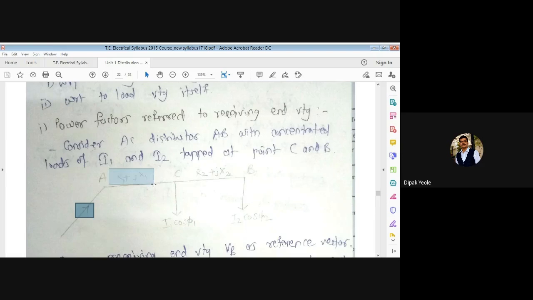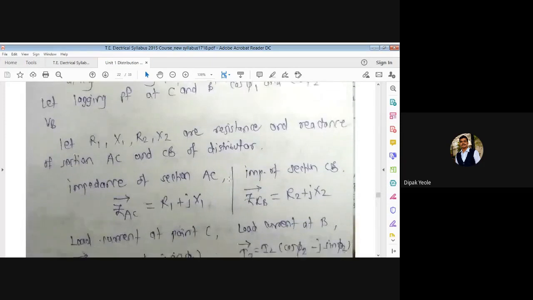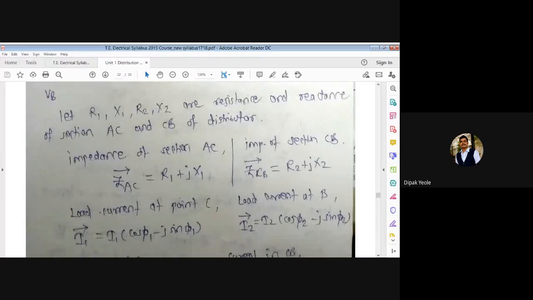Obviously we have to make R1 plus jX1 and R2 plus jX2 for AC and CB respectively. After that we are interested in impedance for section AC: ZAC equals R1 plus jX1 and ZCB equals R2 plus jX2.